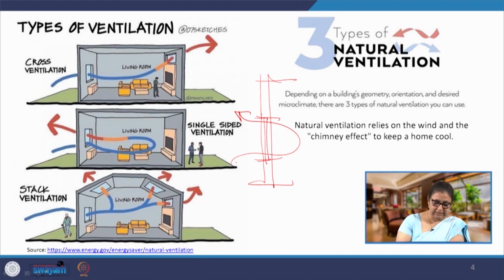So, in case the second opening, which is in a different element, is enhanced, here the stack effect is further pronounced. So, providing fenestration at different levels is the third type of natural ventilation which will happen. When we say different types of natural ventilation, we are thereby meaning how the air circulates within the room. So, that is the typology we are talking about. So, this one is stack ventilation.